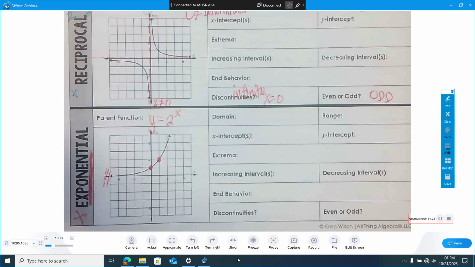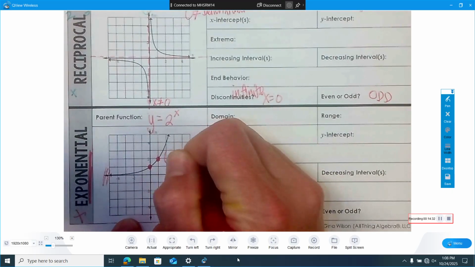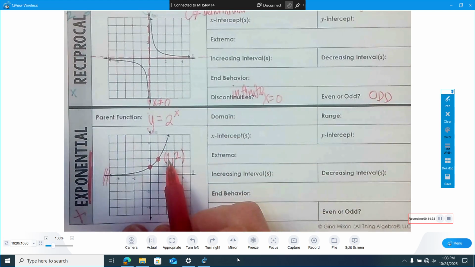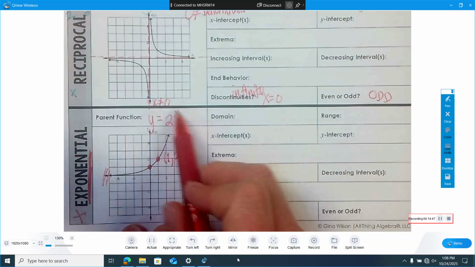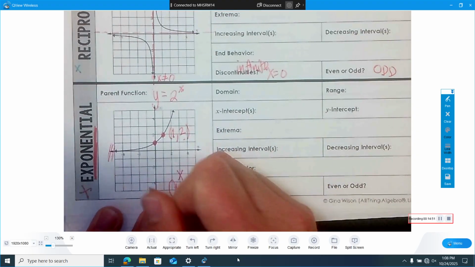All right. This one is 2 to the x, and I know that because if I plug in an x value of 1, what is 2 to the first power? 2. So this graph is 2 to the x, but it could be of the form a to the x.